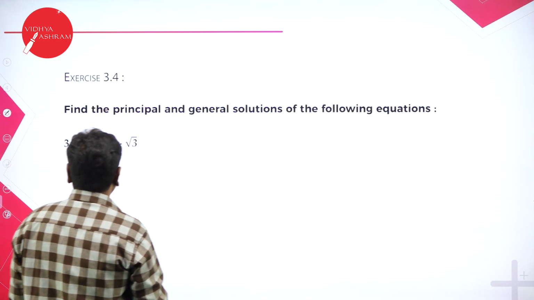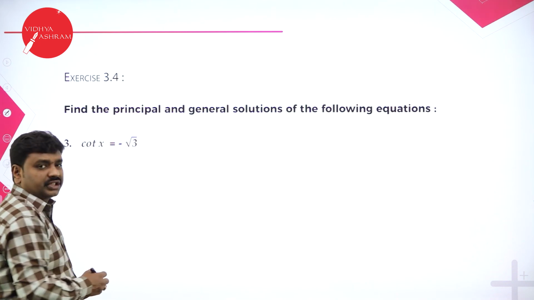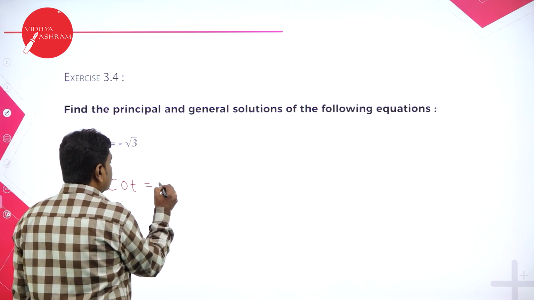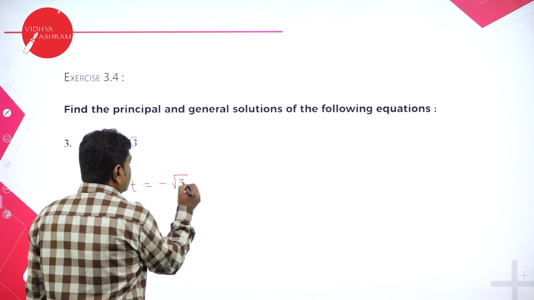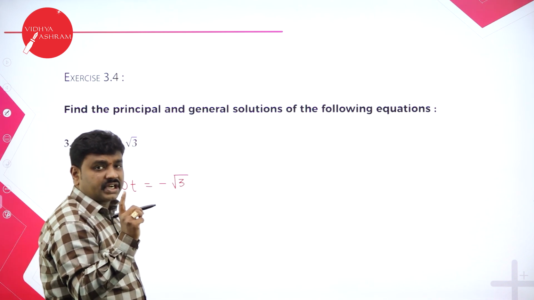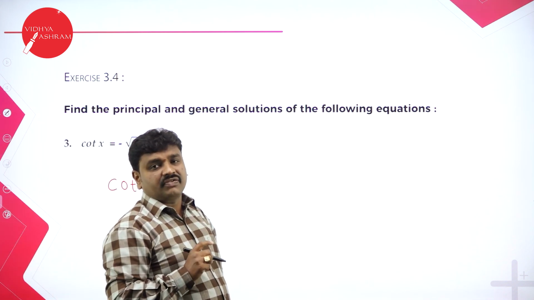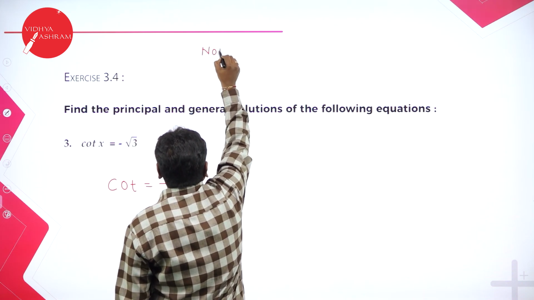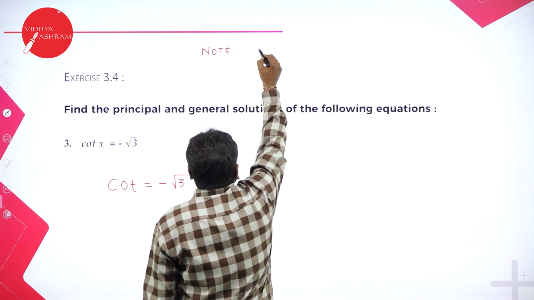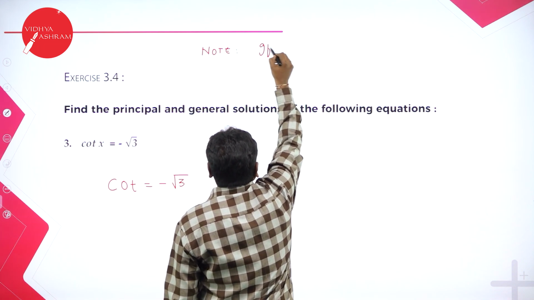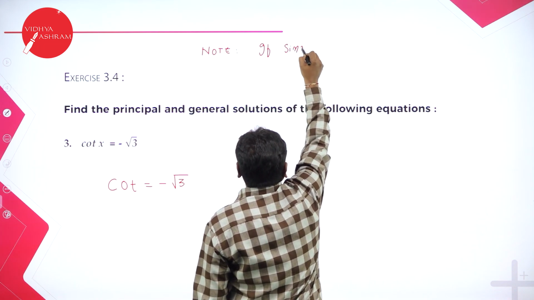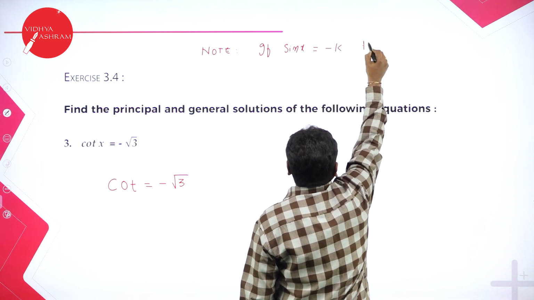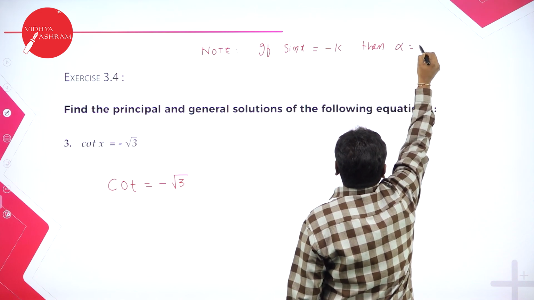Next, cot x is equal to minus root 3, they told. Dear students, remember, if cot is negative, you should take pi minus alpha. So note, all of you write down: if sin x is minus k, then alpha is also minus.